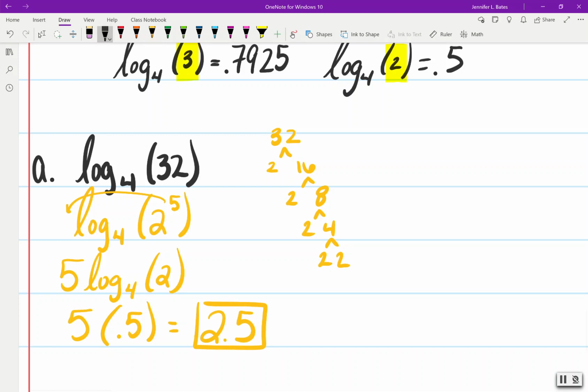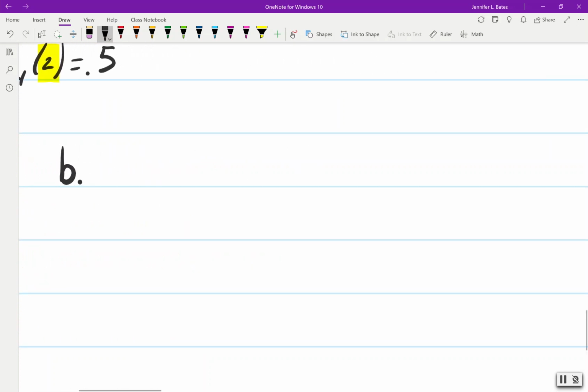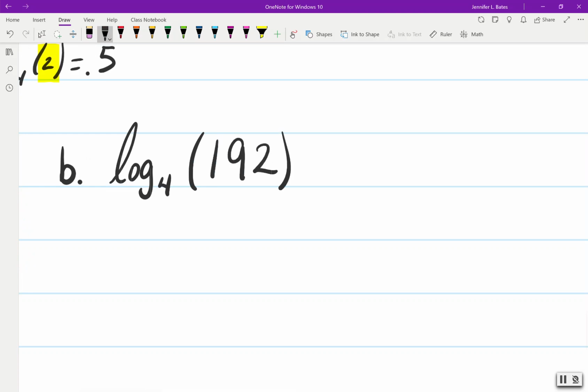Okay, let's take a look at another one. Example B, they give us log base 4 of 192. So we're going to do the same thing. We just have a bigger argument, 192.